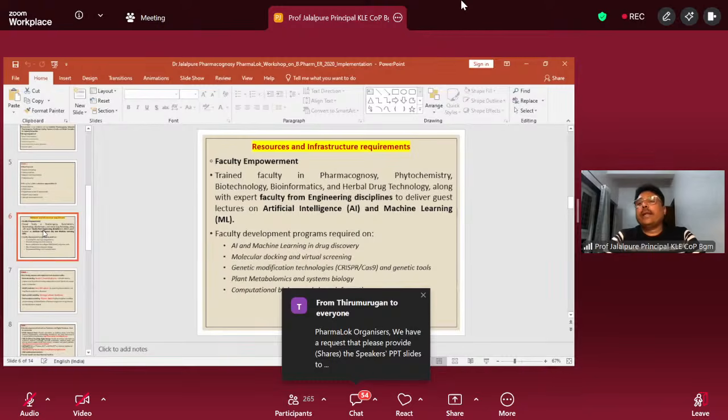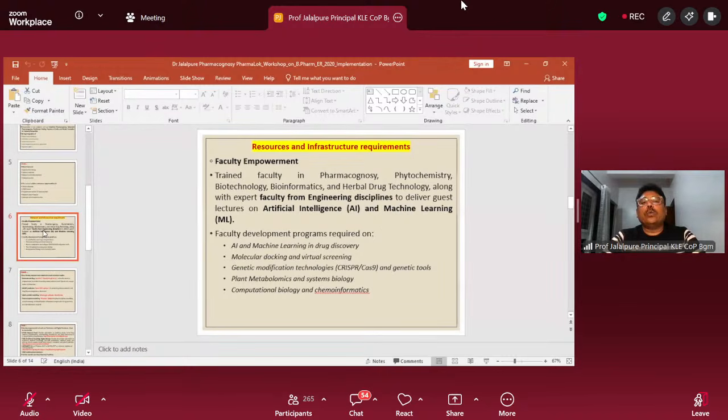Faculty should also acquire some biotechnology information to teach biotechnology, bioinformatics, and herbal drug technology, and expert faculty from the engineering discipline to deliver guest lectures on artificial intelligence and machine learning is essential. Because not only in pharmacognosy, if you see other subjects in the syllabus also, everywhere artificial intelligence and machine learning have been used to address so many issues.